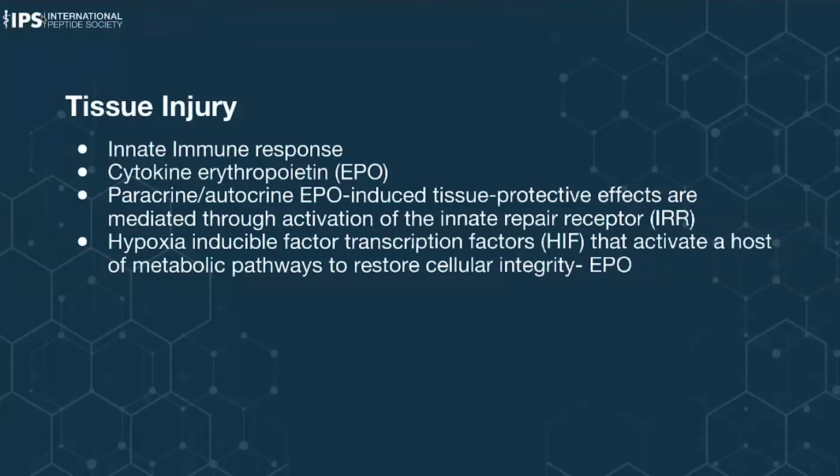And what has been found is that around this innate immune response receptor, you can produce your own erythropoietin in an autocrine paracrine type of fashion that can be protective and can mediate this activation of inflammatory response of this pain process where the tissue injury is, by controlling this innate repair receptor with your locally produced erythropoietin.